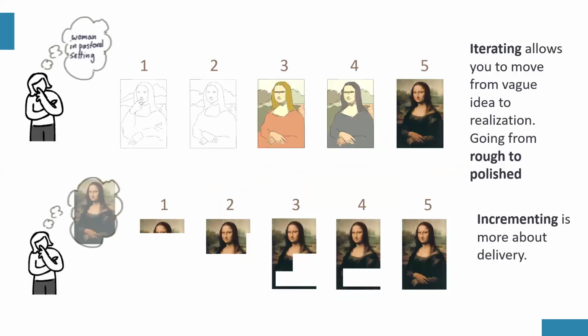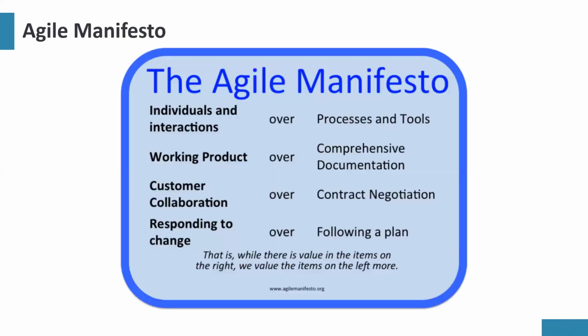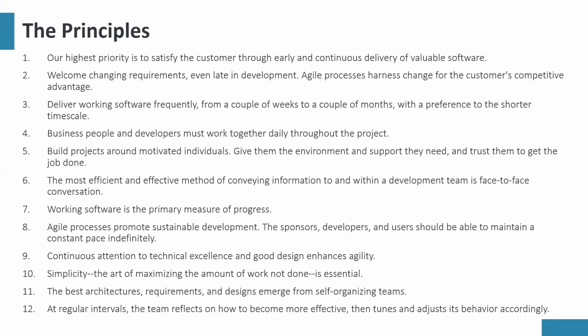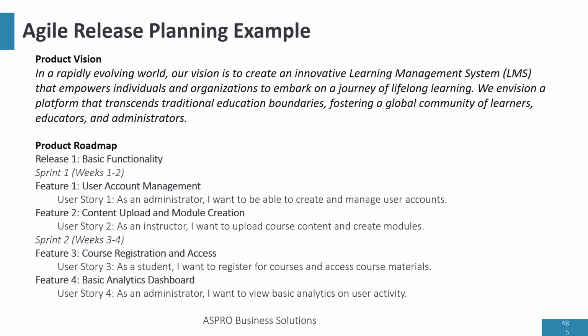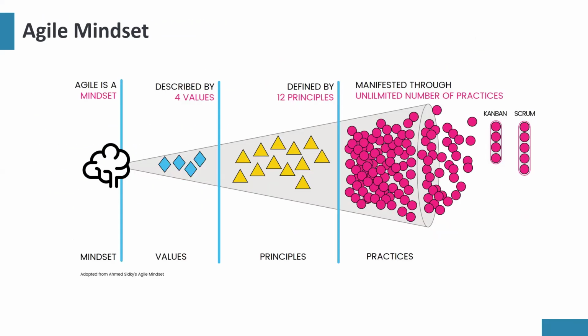Let's just look at the Agile Manifesto again. Responding to change over following a plan. So when we talk about the four values here, we're talking about those four that we just saw. Then the principles, these are the 12 principles, right?